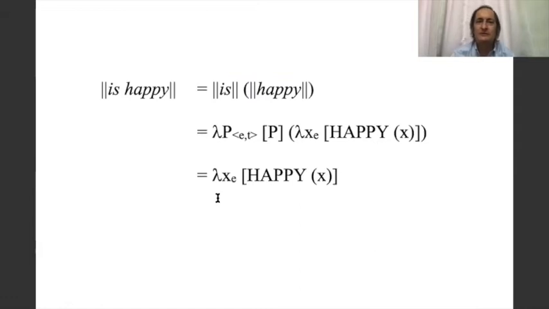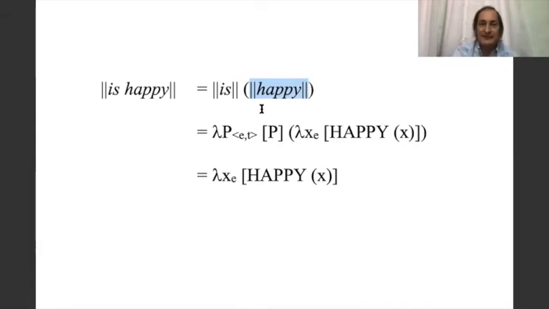So let's go now and make sure that we get the result back that we want. We now have analyzed is as a function that can take the translation of happy as its argument. So we take is happy and we analyze it by is being the function applied to happy as the argument.